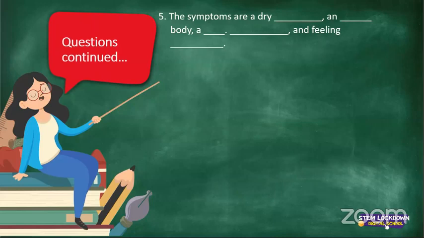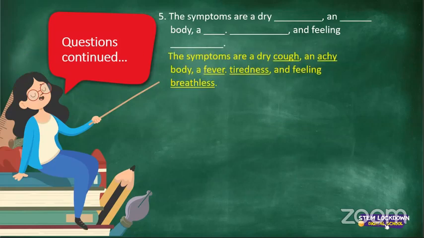A temperature, yes, a temperature or a fever. Tiredness, good. Feeling tired. And I suppose a sore throat. Okay, let's go on. An achy body, and feeling breathless as well. So the symptoms are a dry cough, an achy body, a fever, tiredness, and feeling breathless.